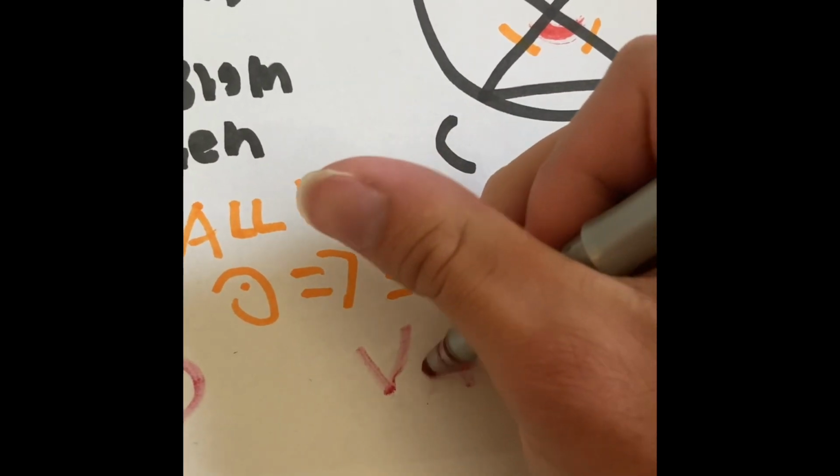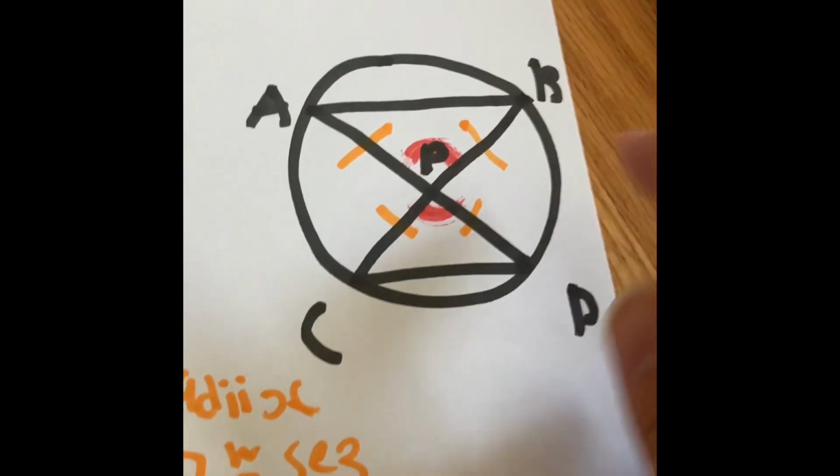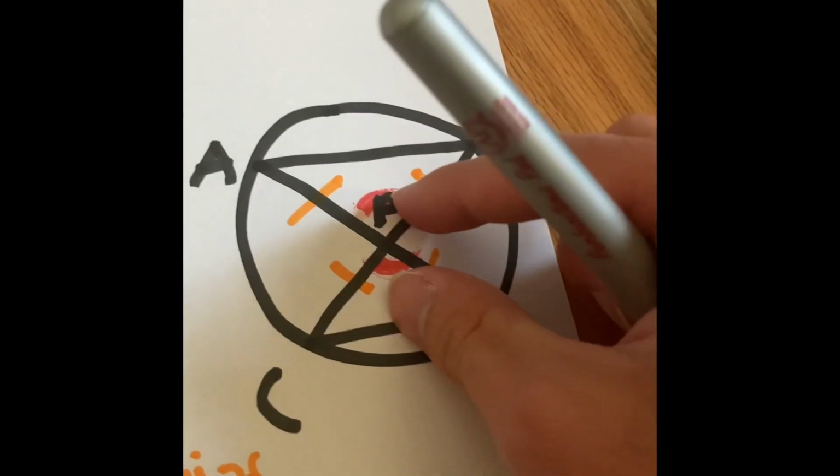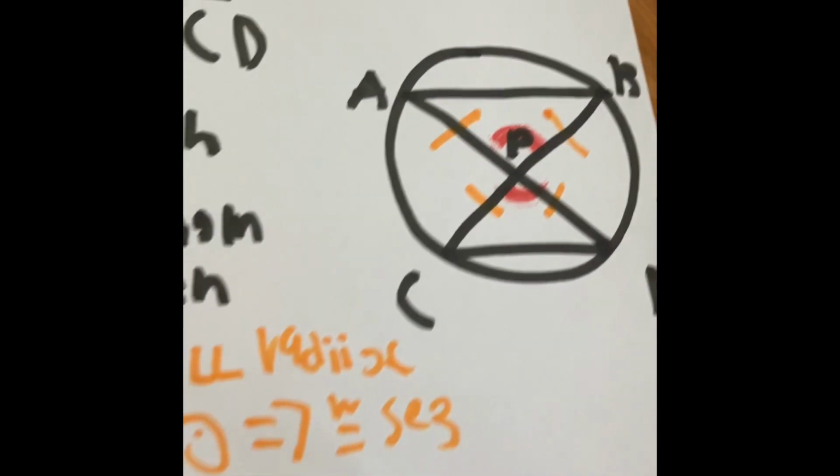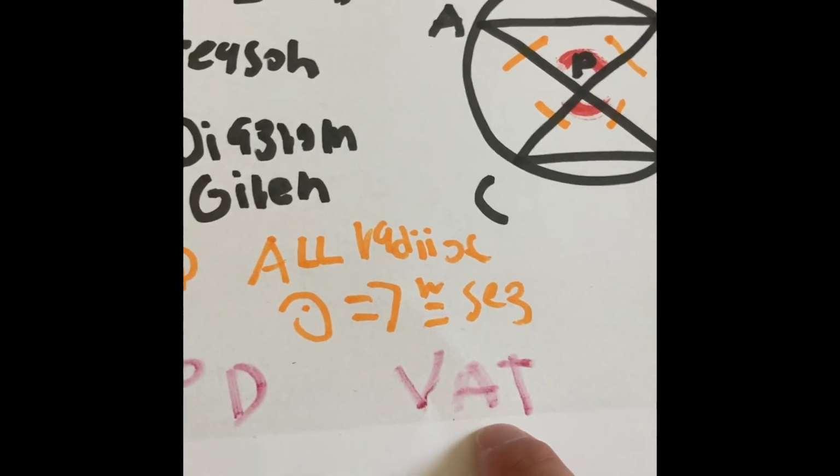We can use the vertical angle theorem, because point P is in the middle, and these two angles are congruent because they are both vertical angles.